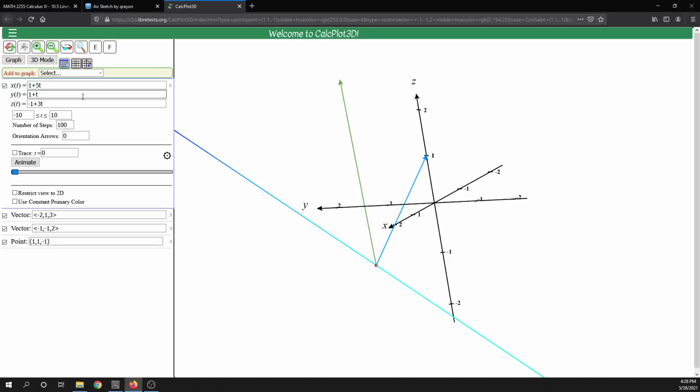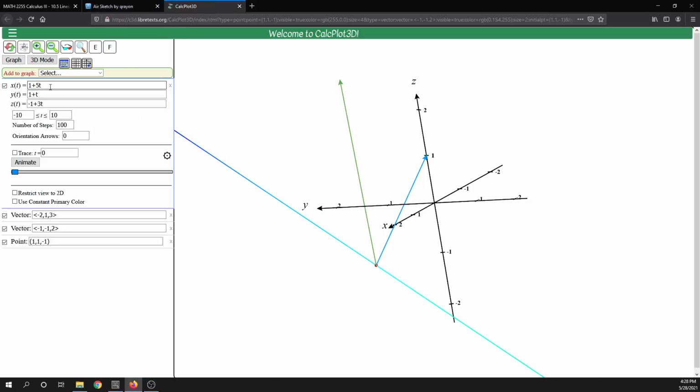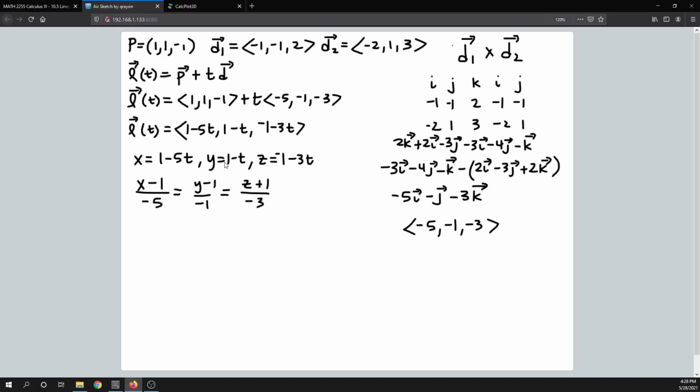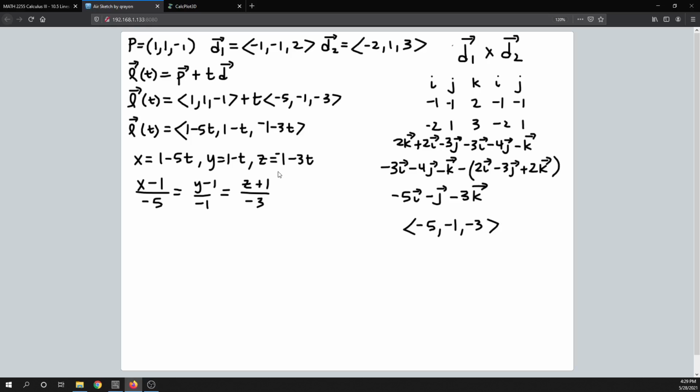All right, so looking at my answers here, I have 1 - 5t, and you can see on here I have 1 + 5t. Here I have 1 - t, whereas here I have 1 + t. And here I have -1 - 3t as well.